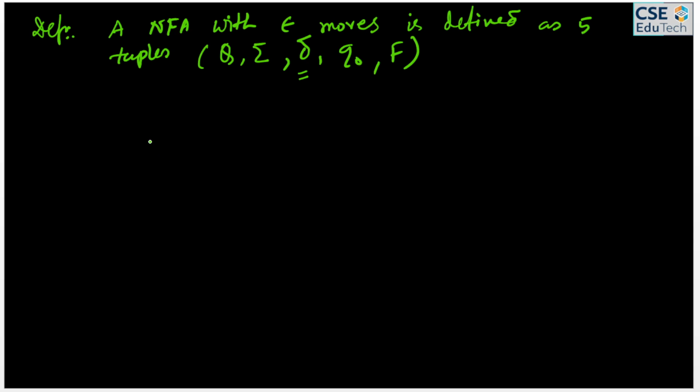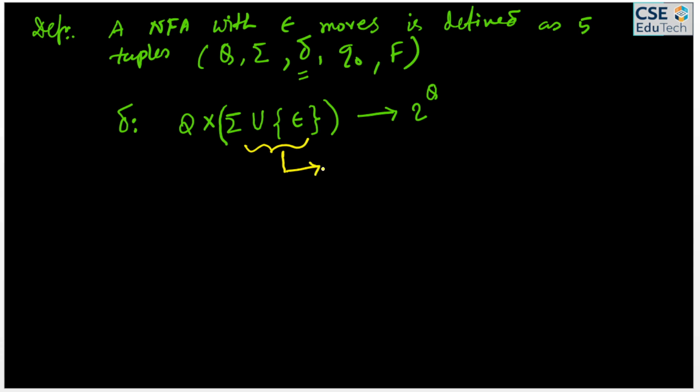So now this delta can be defined as Q cross sigma, but here another input is epsilon, that means without reading any symbol we can move to any state, and it maps to a subset of Q, that is 2 to the power Q. And this symbol, sigma union epsilon, represents the set of input symbols.